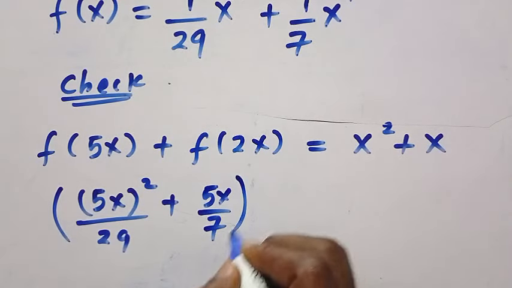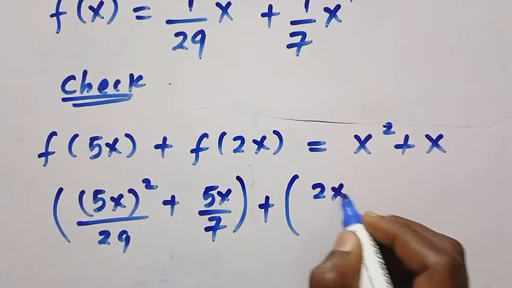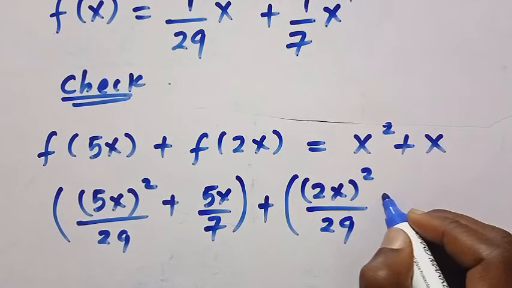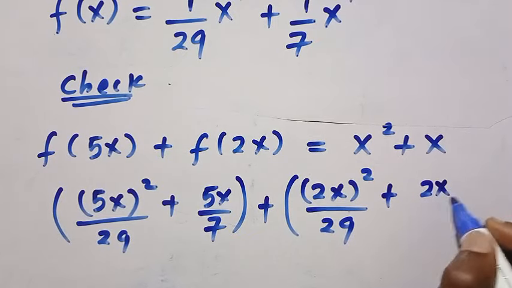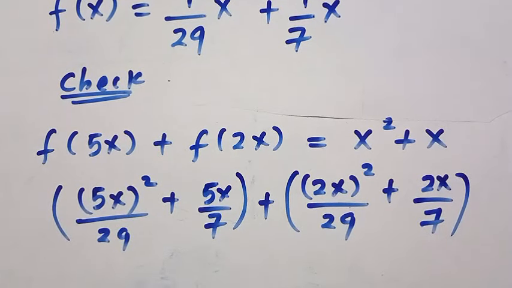This is for f of 5x, plus f of 2x: 2x raised to power 2 divided by 29, plus the second one, 2x over 7. I want to see if this equals x squared plus x.